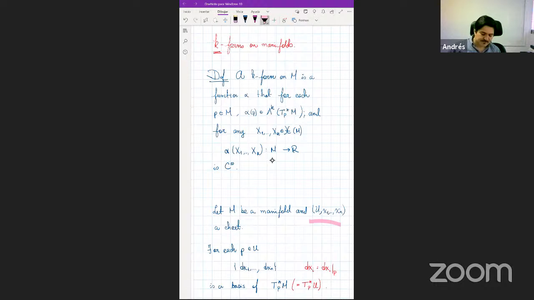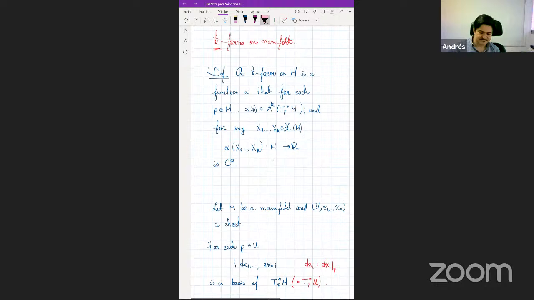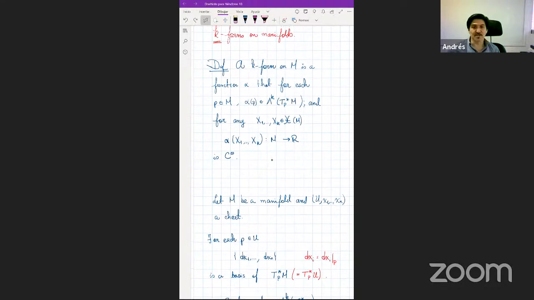From a proposition below, we know that this is a basis, right? This is what we saw before. I'm writing this just to avoid writing all of this. And I have a basis.